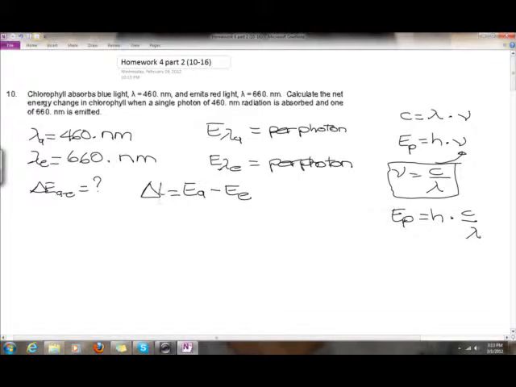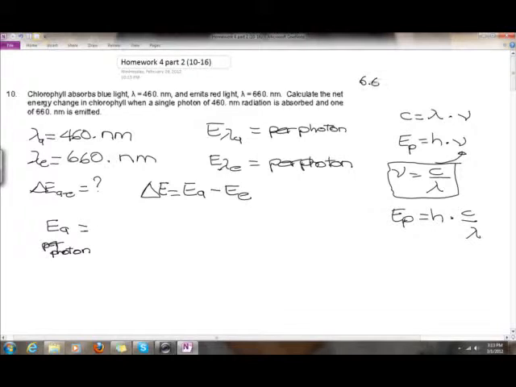So let's find out first the energy of absorption. It would be equal to, per photon, don't forget this always, per photon, the Planck constant. What is the Planck constant? It's always going to be given.